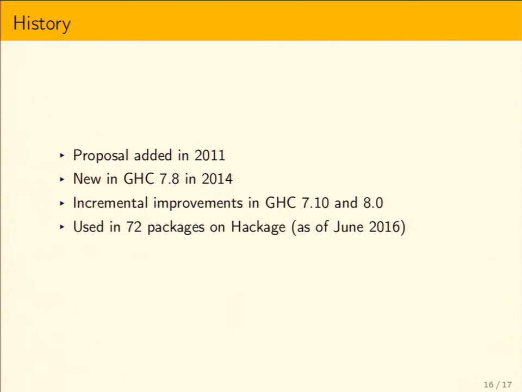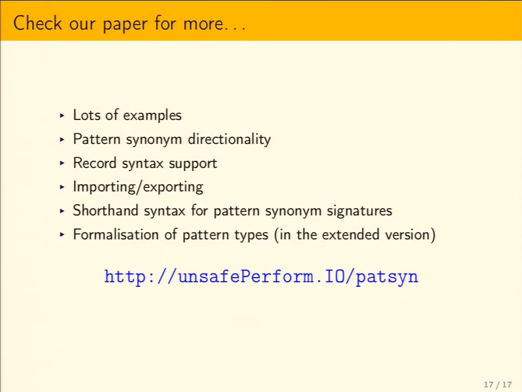And that's when we found out, when I tried to integrate it into the larger context of what GHC has, that there's all this subtlety around the typing of the pattern synonyms. And then in 7.10 and 8.0, there have been incremental improvements to it. And as of June this year, we found 72 packages on Hackage which are already using pattern synonyms.